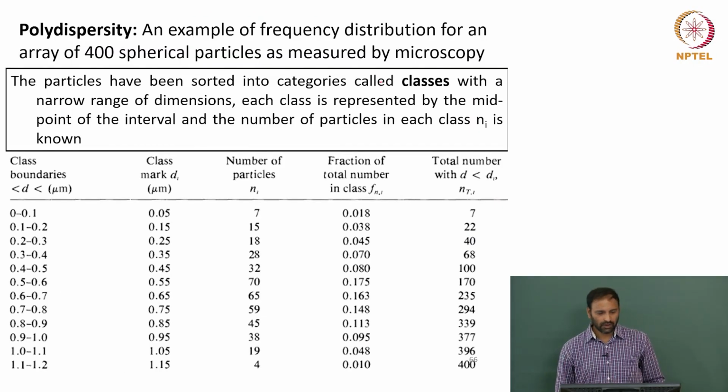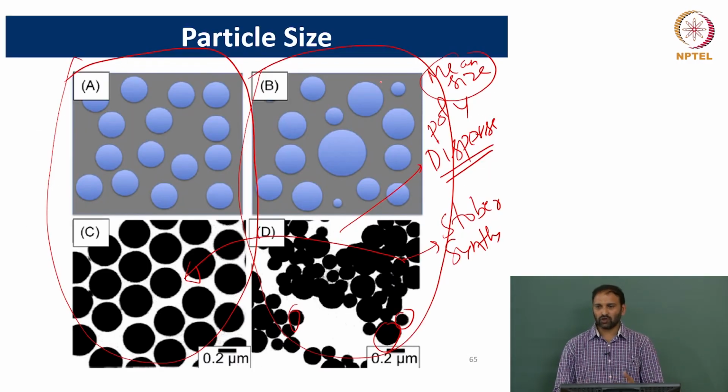So again, what people do is you can get microscopy images like this. There are methods by which I can find out the size of each particle in the sample, and typically you do that for a large population of particles. 50 is not enough, 100 is not enough, 1000 is not enough.